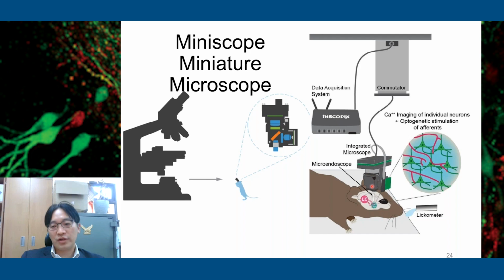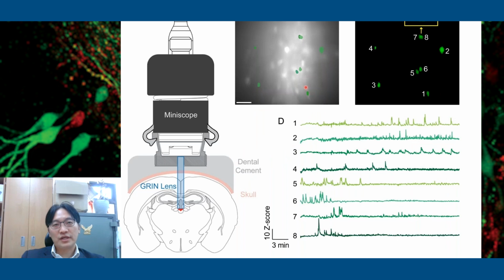So yeah, this is another nice picture of the inscopix miniscope. Some versions of the miniscope provide optogenetic stimulation too. So you can optogenetically stimulate this axon while imaging these green cell bodies, and you can align them with the licking event. So the basic data simply looks like that.